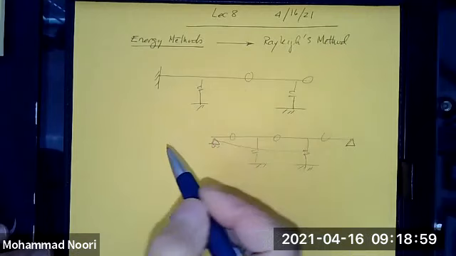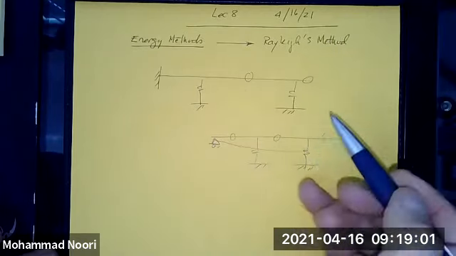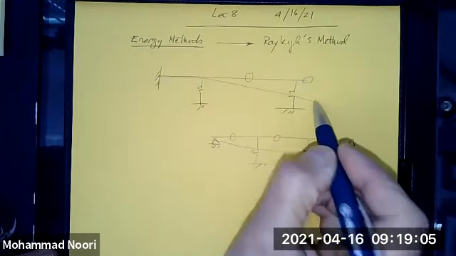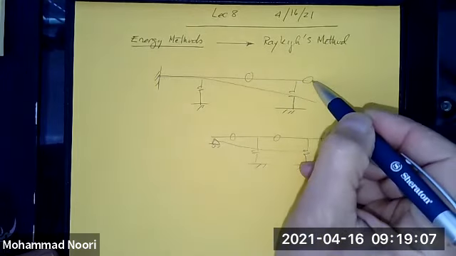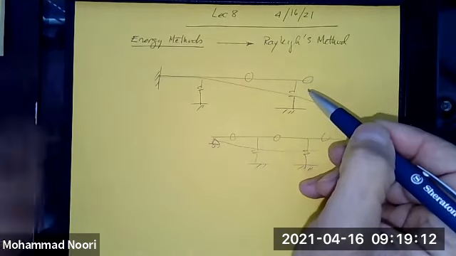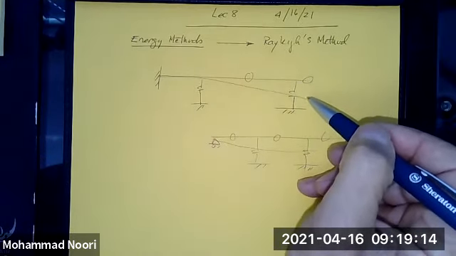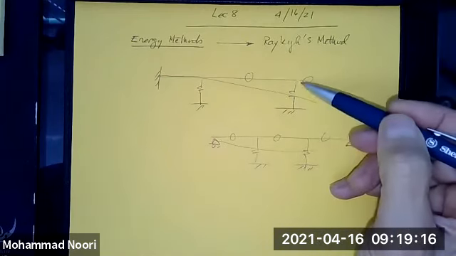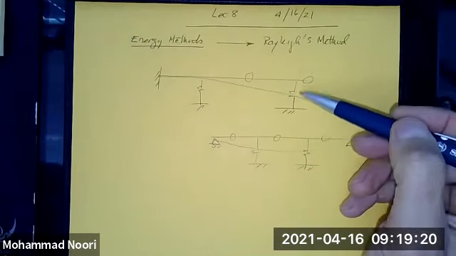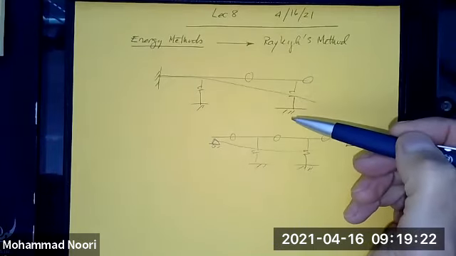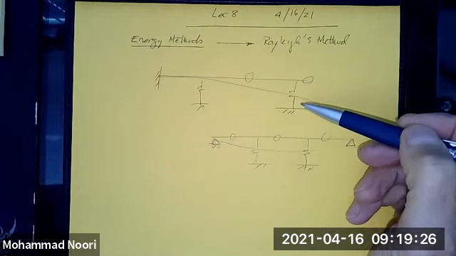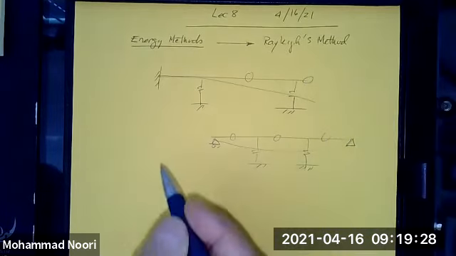The way that formulation was done was based on the assumption that if this structure is vibrating and the amplitude of the vibration is small, the static deflected shape of the structure is analogous to the dynamic displacement shape. And based on that assumption, what did Rayleigh say?